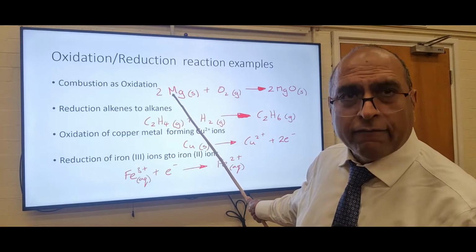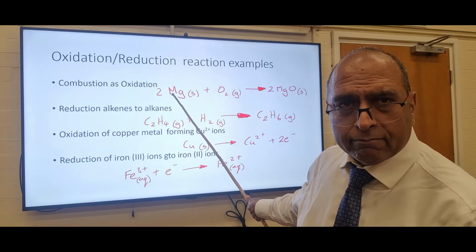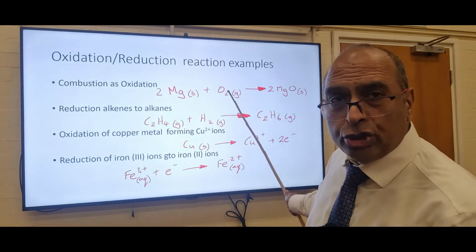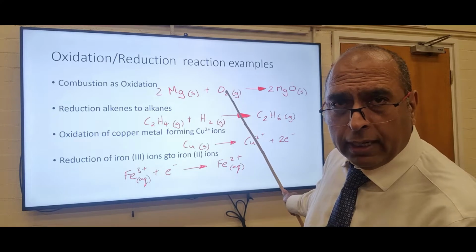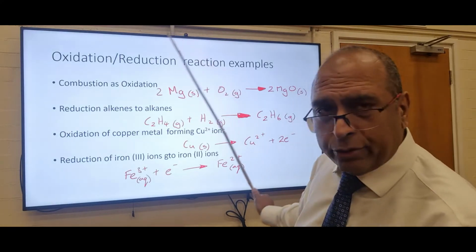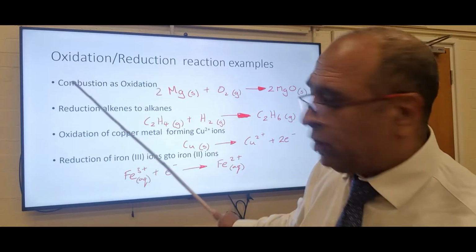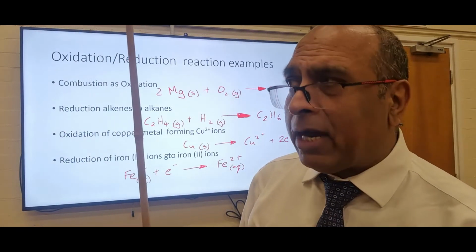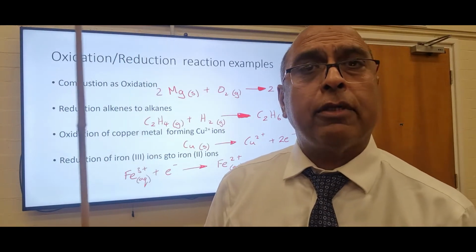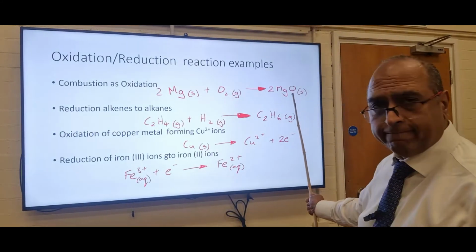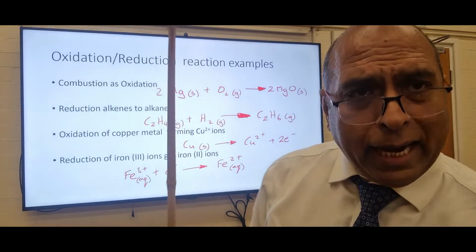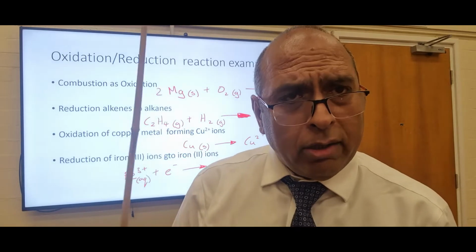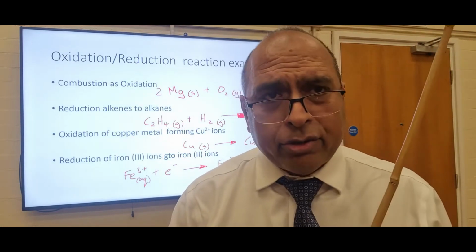The electrons from the magnesium go over to the oxygen, and this movement of electrons from magnesium to the oxygen causes the oxygen to make oxygen ions. And those oxygen ions are what are taking in the electrons.